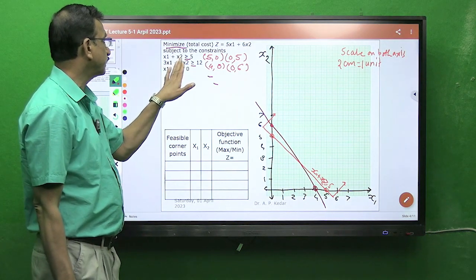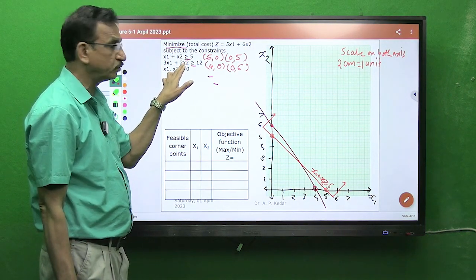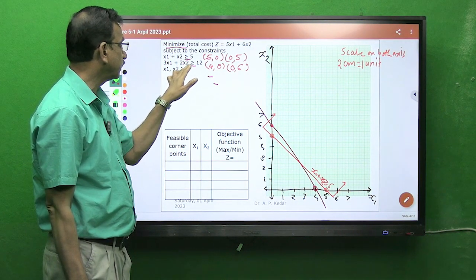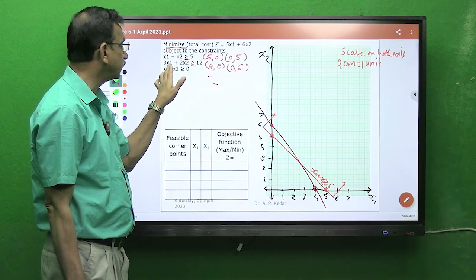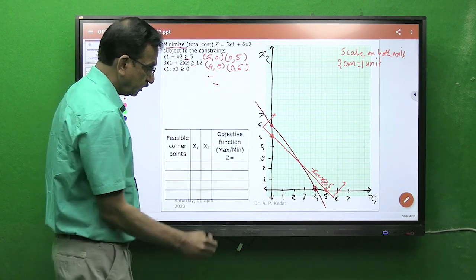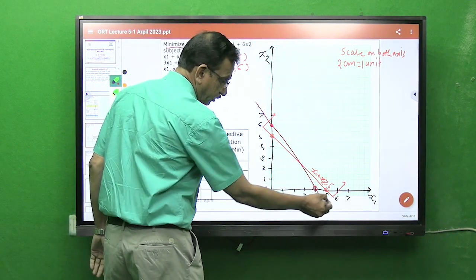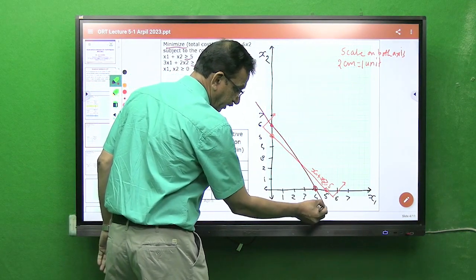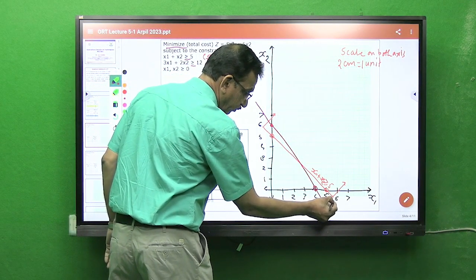Here 3x1, if we put x2 equal to 0, 3x1 greater than equal to 12, x1 greater than equal to 4. That is, the values of x1 on x1 axis for this line are greater than equal to 4.